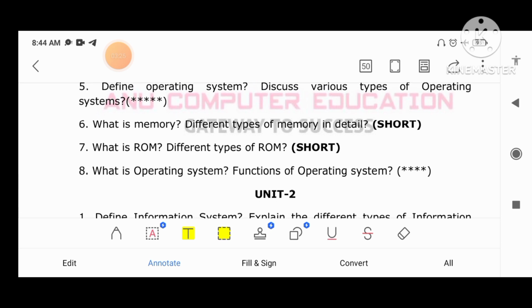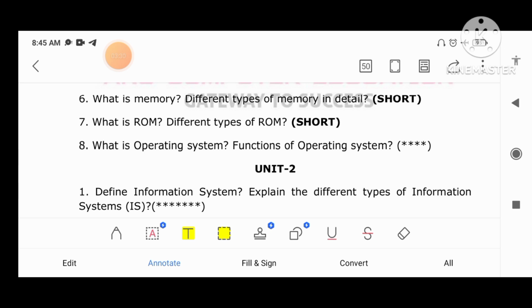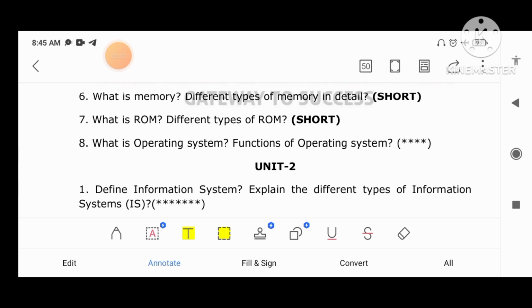Now the questions of unit 2: what is information system, and explain the different types of information system. It is one of the very important questions. You can expect this question in the exam. In this, first you have to understand what is the use of information system. Every company will store data or information for future purpose.